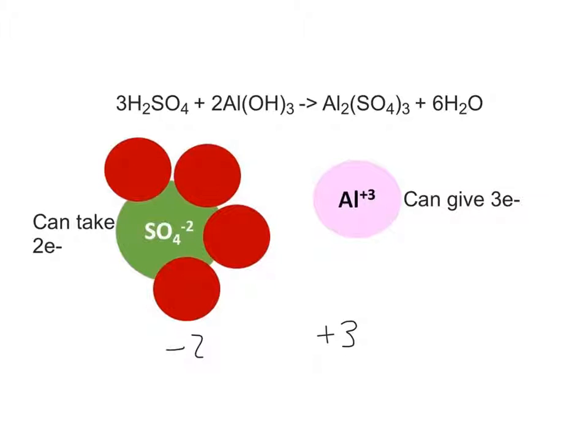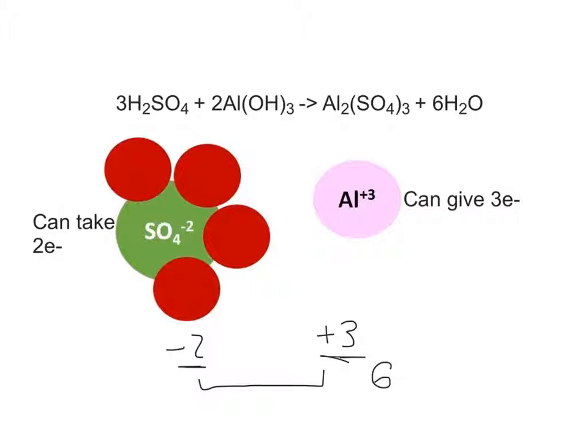Now we need to figure out a number that is common between 2 and 3, and that are multiples of 2 and 3. So of course we're looking for our lowest common multiple, and in this case is 6.